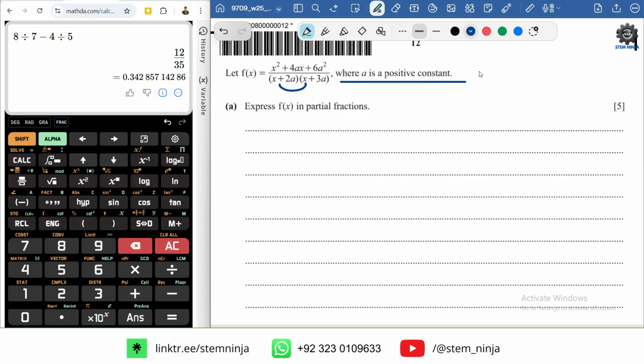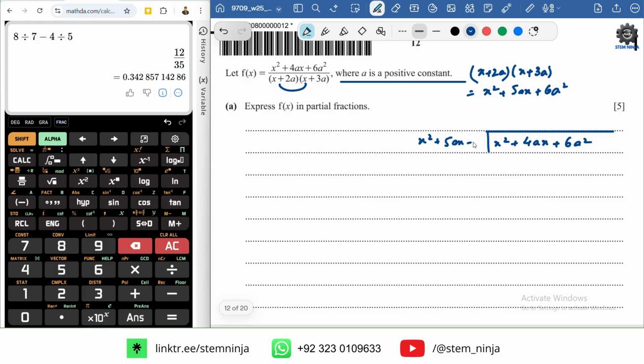So first off we do x plus 2a, x plus 3a. This would be x squared plus 3xa plus 2xa, that would be 5ax plus 6a squared. Right? So minor difference, but still a difference. So we have x squared plus 4ax plus 6a squared, and you have x squared plus 5ax plus 6a squared.